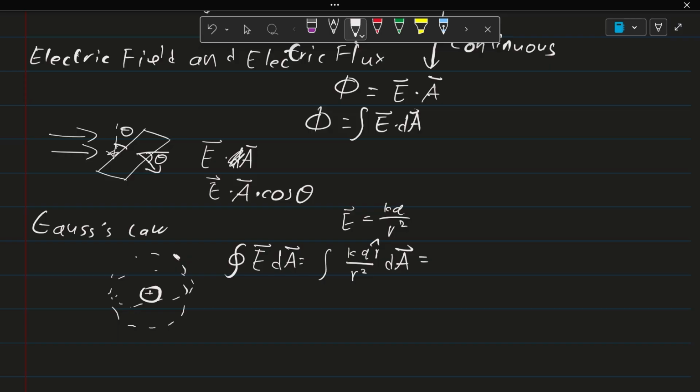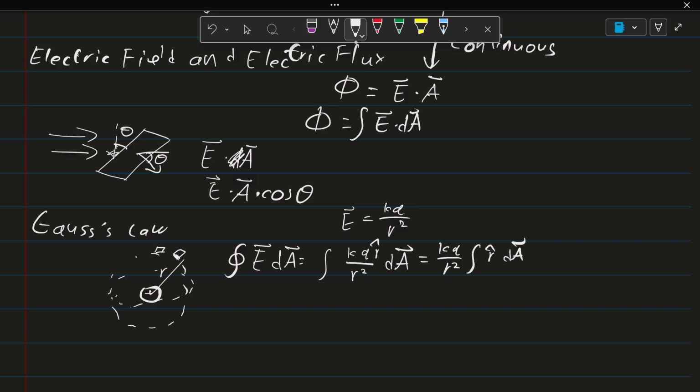So dA is this small surface here. If I check a different surface, as long as it has the same area as well as the same radius from the center, from here to here, we'll call that r, we would see that it's kq over r squared, the integral of the r vector dA vector. So this gives a certain intuition first.